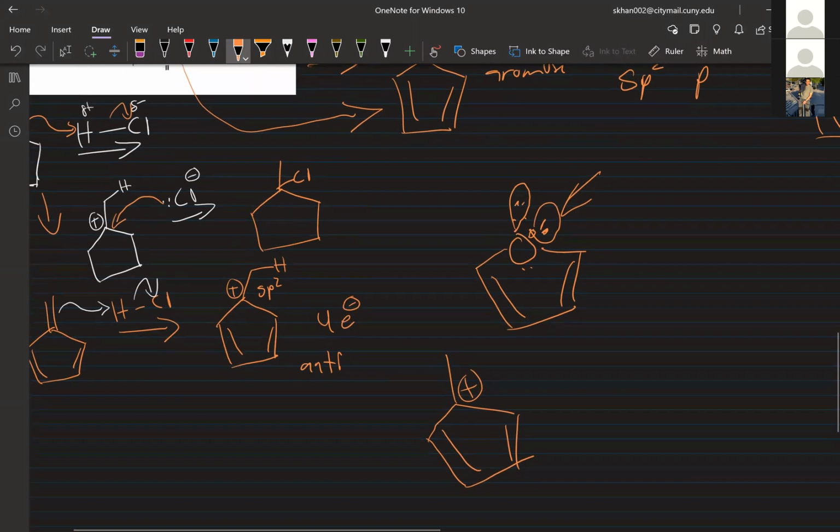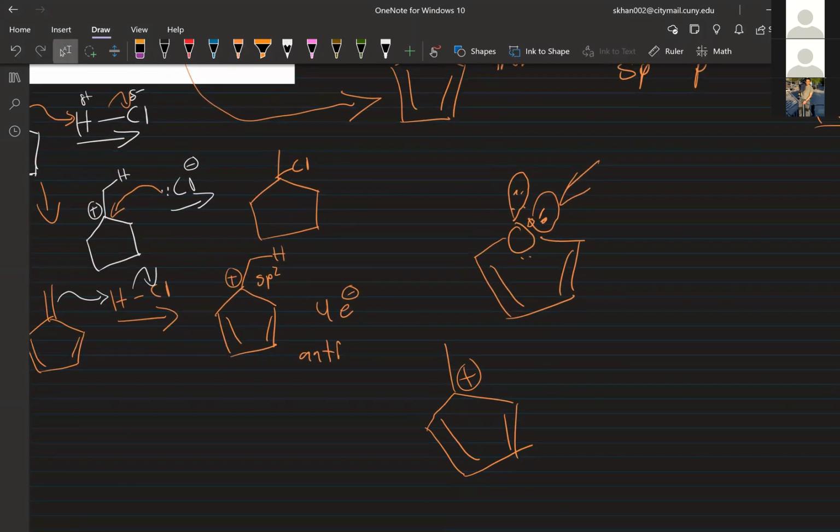No, that's why I would expect it to be more anti-Markovnikov, because if the Cl is on the top carbon, the primary, and it leaves a positive charge on the tertiary carbocation, then it would allow for resonance to occur. However, if the Cl and the positive charge switch positions, where the Cl is on the tertiary position, resonance cannot occur. So you're choosing resonance over the tertiary positioning, because resonance is more stable than the tertiary positioning.